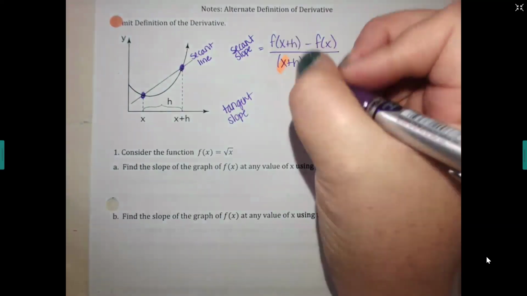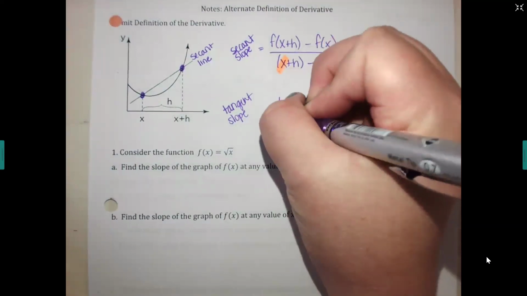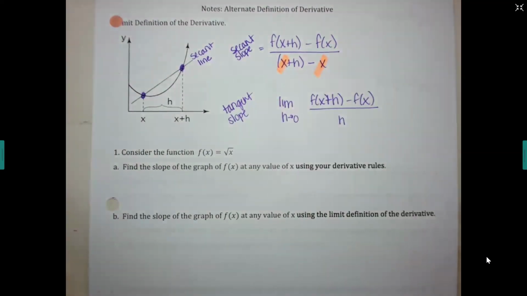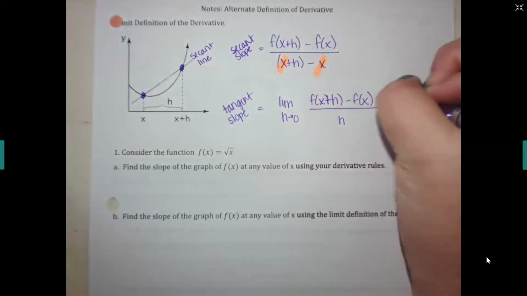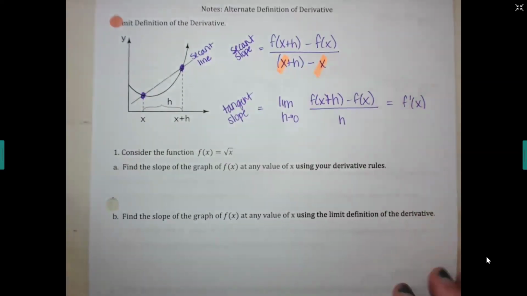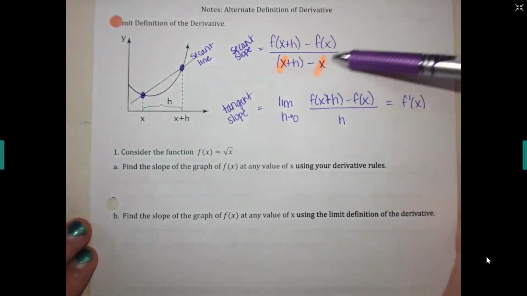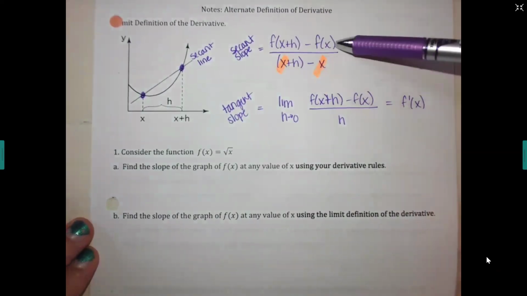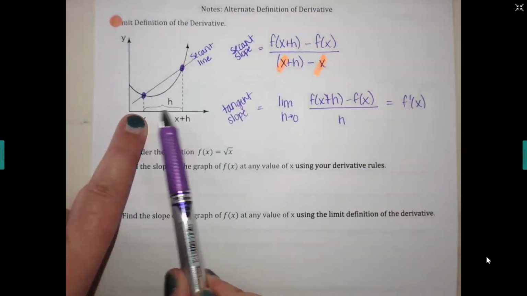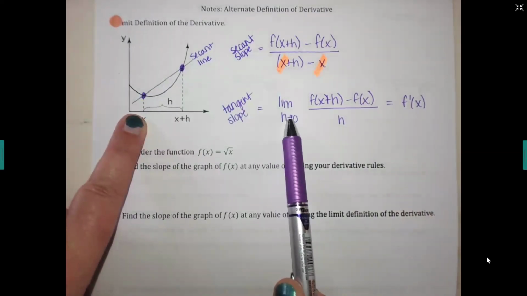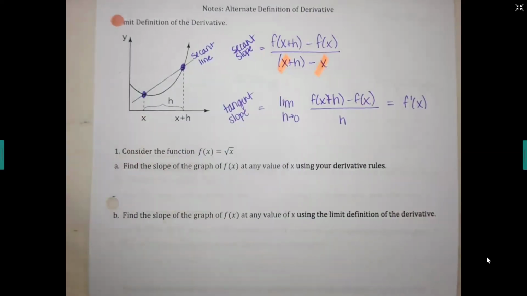So the way that I do that is I'm going to do a limit with h approaching 0. Okay, and that will give you the derivative, which remember for the AP test, pretty much you would use your rules for. Okay, but one more time, I find the secant slope, that's this, y2 minus y1 over x2 minus x1. And then I take my h, the distance between the points, and I drive it to 0 so that basically the points are right on top of each other, that it's like a tangent line instead of a secant line. Okay, so let's practice, and then we're going to add the second version of this.